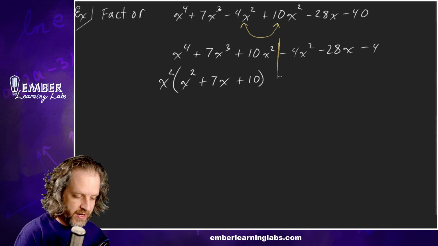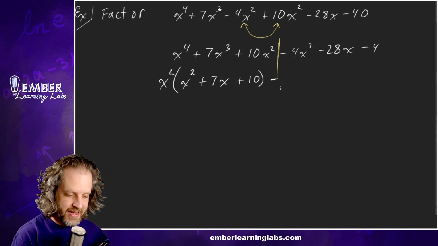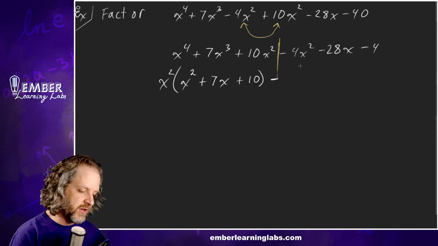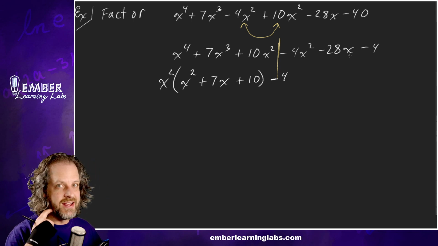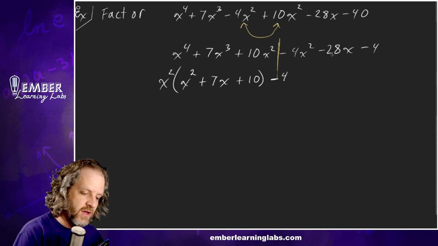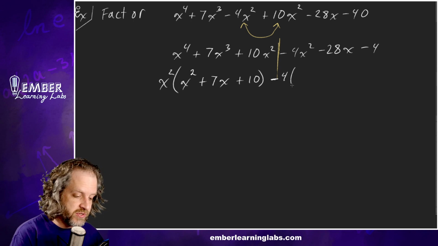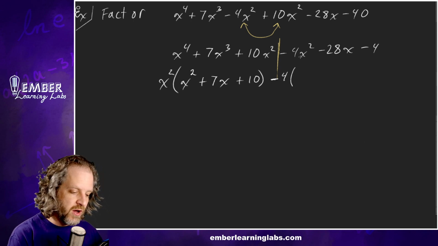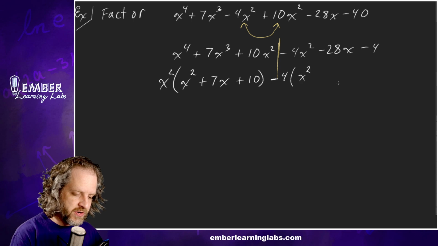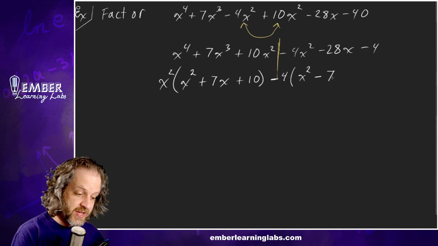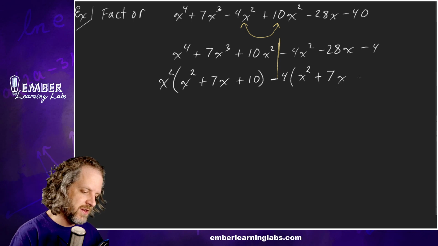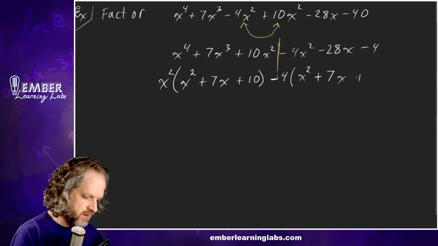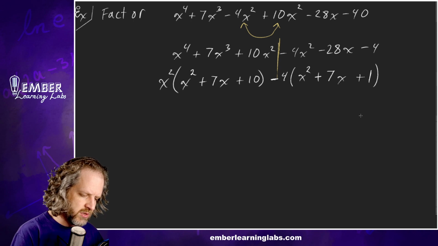So on this one, I'm going to pull out a negative 4 because 4 goes into everything. If there isn't a number that goes into them, you can still flip the sign by pulling out a negative 1. And there's no x's that go into these, so just a negative 4. So I've got an x squared left on the first term, a minus 7x, flip the signs, plus 7x and plus 1.